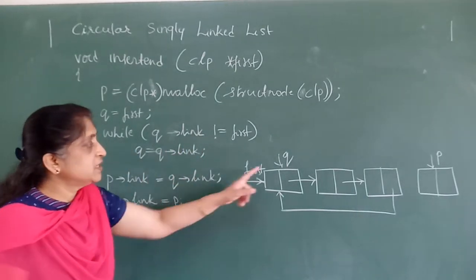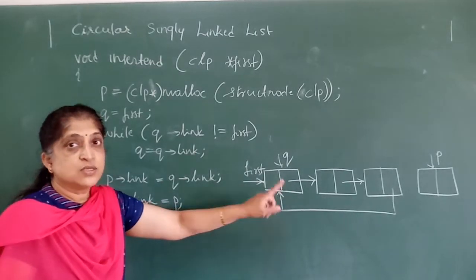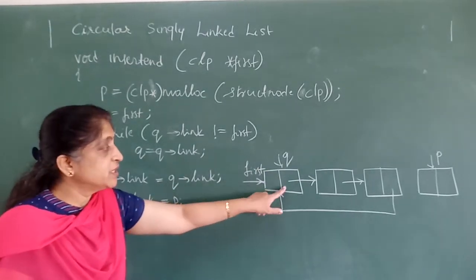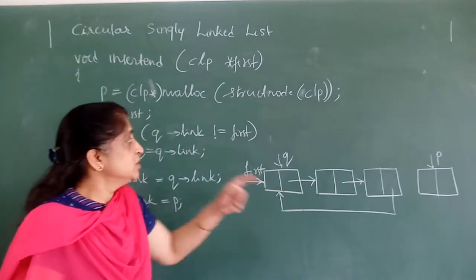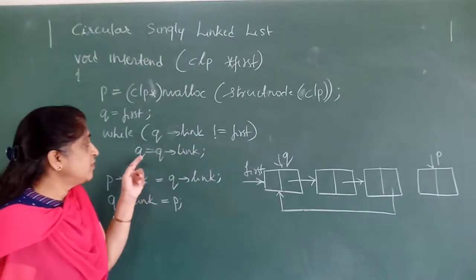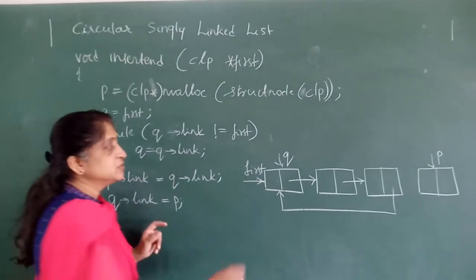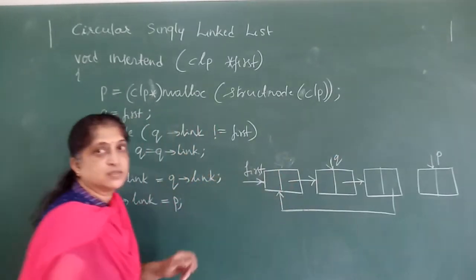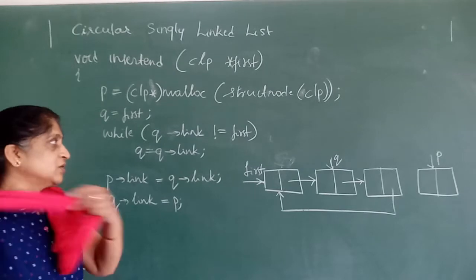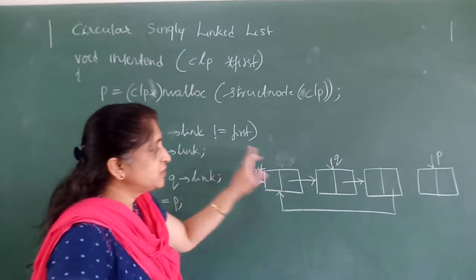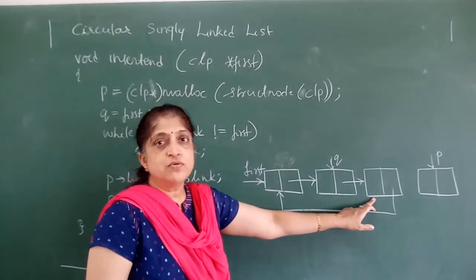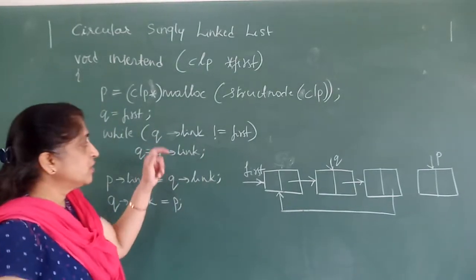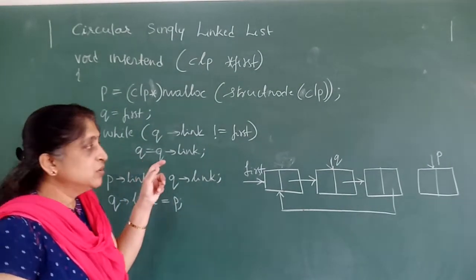Now what happens? Currently Q link is not equal to first, because Q link is pointing to this node. So we enter into the loop and we perform Q is equal to Q link. So now Q starts pointing to this node. Then check if Q link is not equal to first. Yes, it is not, because Q link is pointing to this node. So again the control enters into the loop and Q is equal to Q link.